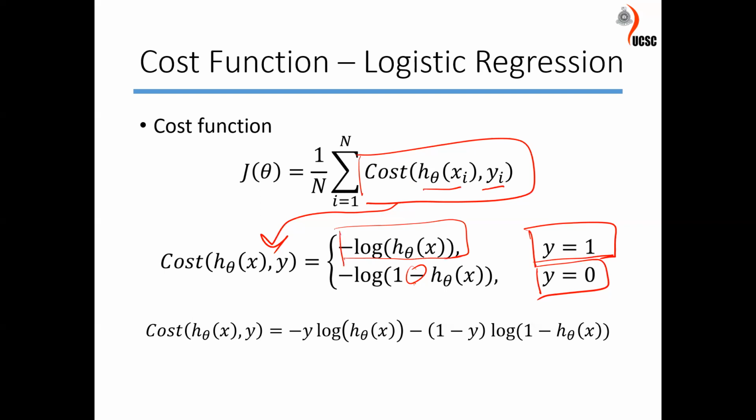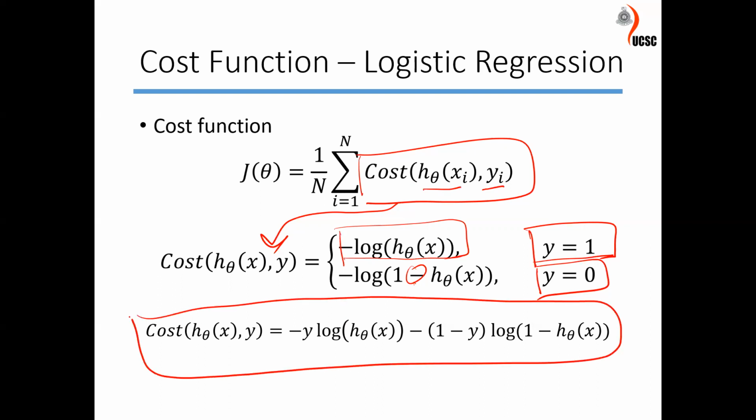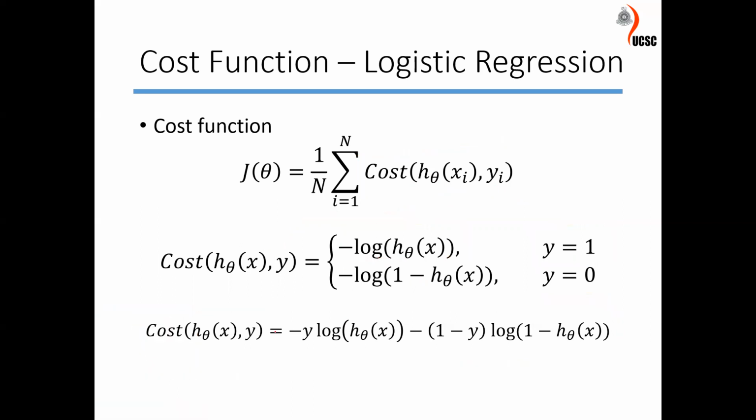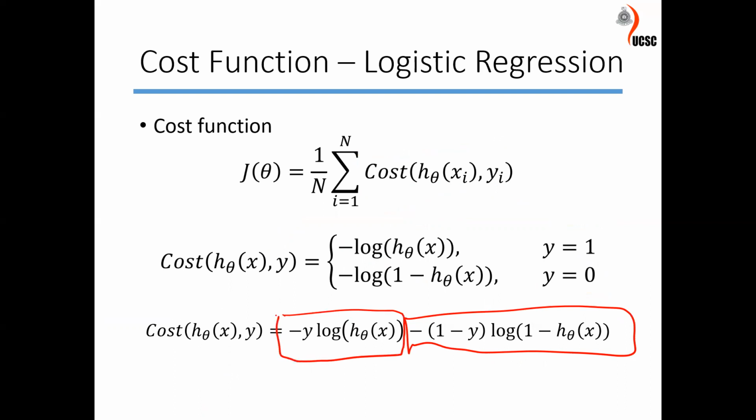So if you consider the final cost function, you can write something like this. If you look at this cost function, you can see here we have one portion and here we have another portion. If our y equals 1, in that case the whole thing will be 0. So 1 minus 1 basically gives 0.